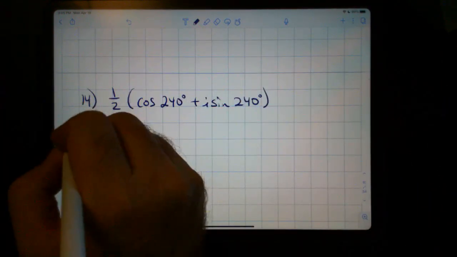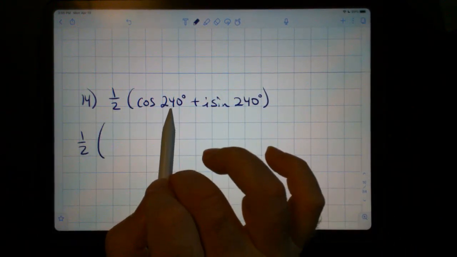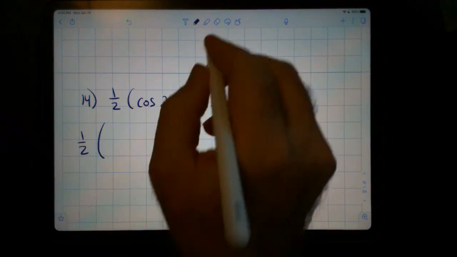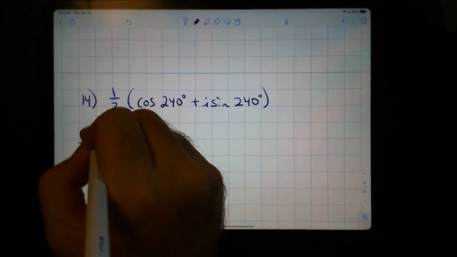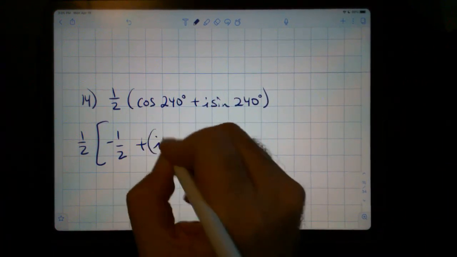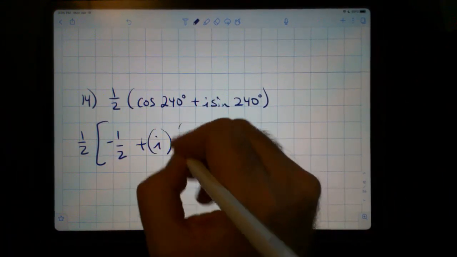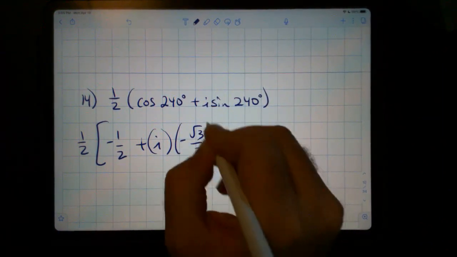All right, so here we have 1/2 times cosine of 240 degrees, which is negative 1/2, and then plus i times sine of 240 degrees, which is negative radical 3 over 2.